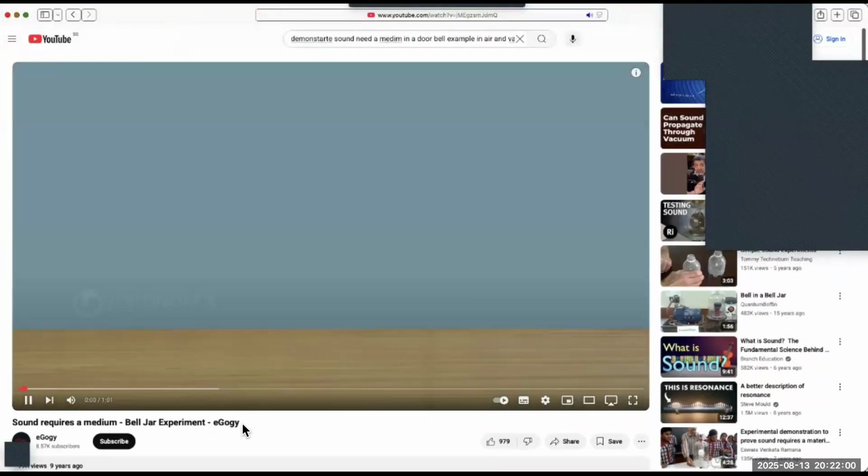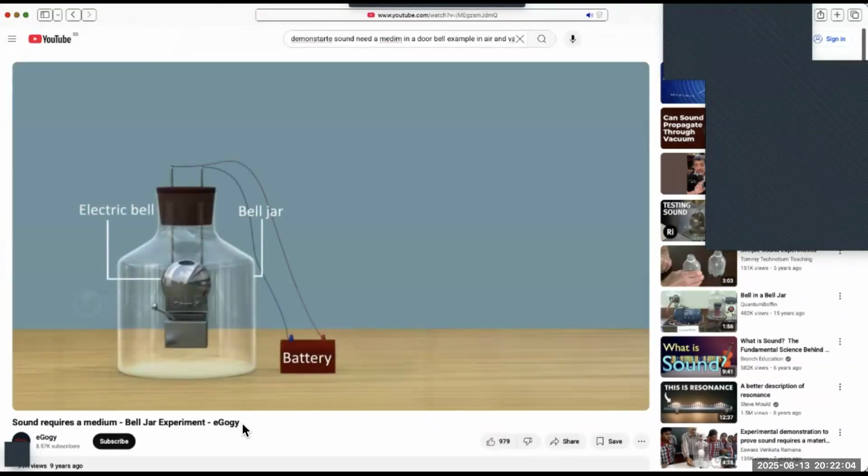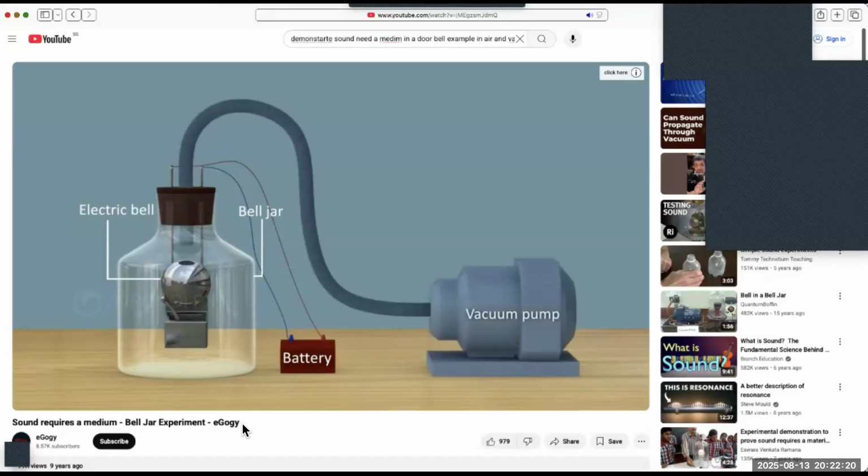Take an electrical bell and an airtight bell jar. The bell is suspended inside the airtight bell jar. First, press the switch for the bell and you will be able to hear the bell clearly. The bell jar is connected to a vacuum pump as shown. Now, start to pump the air out of the jar gradually.